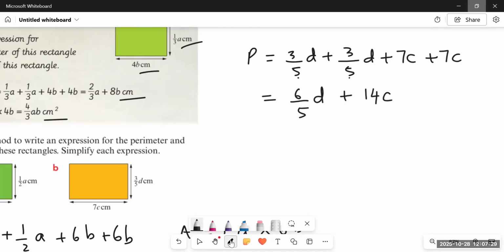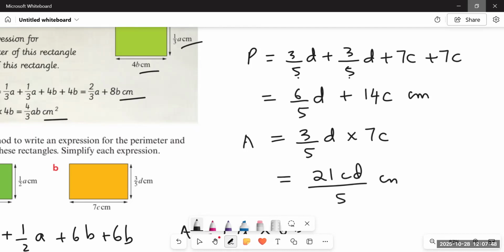So this is the perimeter, 6 over 5d plus 14c centimeters, and for the area it becomes 3 over 5d into 7c, and 3 sevens are 21cd over 5 centimeters square. That's all, nothing else we have to do.